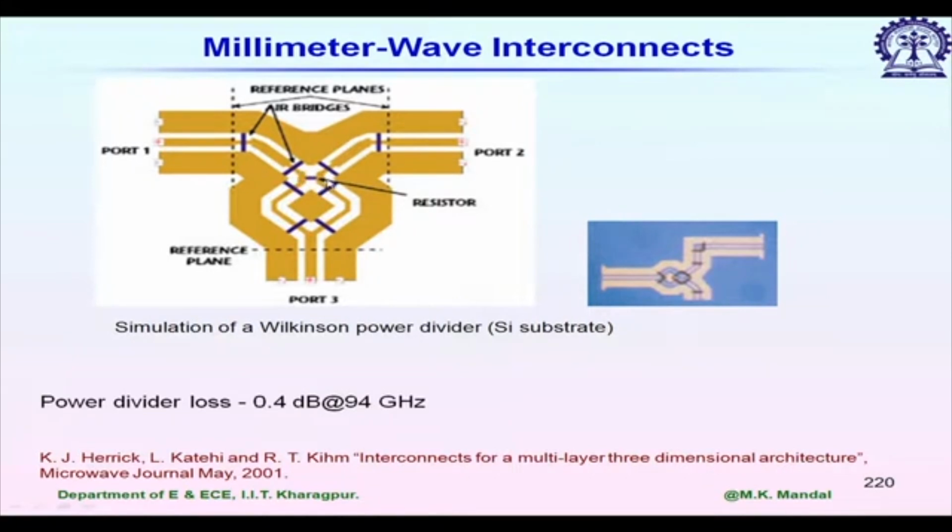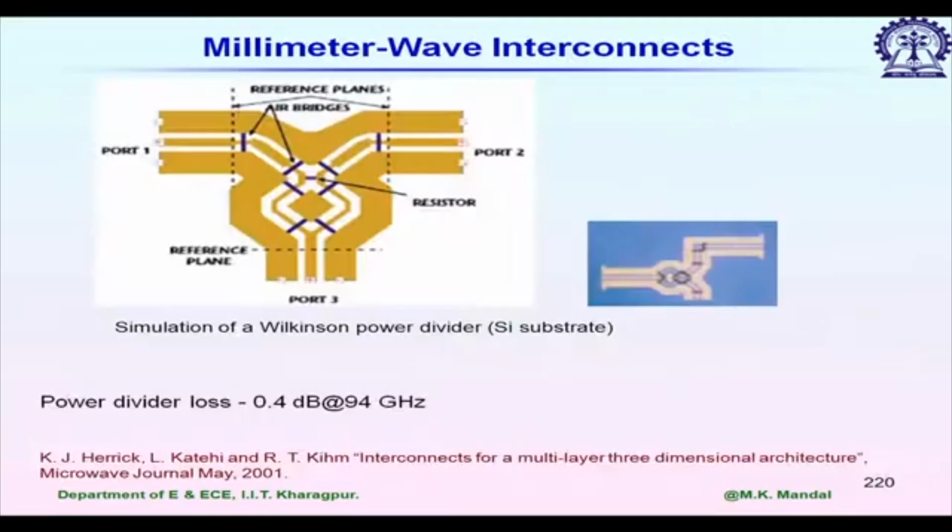Usually we use a thin film nickel chromium resistor at millimeter wave frequencies. This typically shows a loss of 0.4 dB, which is considered a very good value at 94 gigahertz. So with a loss of 0.4 dB, instead of S21 equal to -3, we have S21 equal to -3.4 dB. S31 is equal to -3.4 dB.